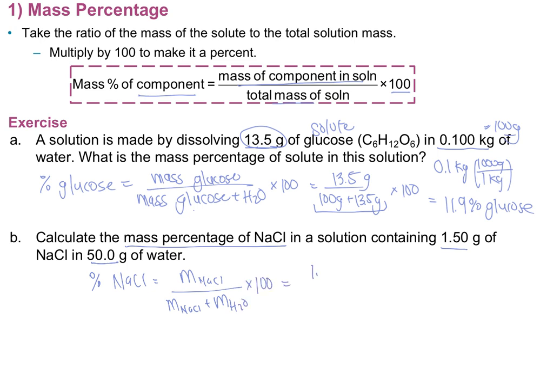So we're going to do 1.5 grams of sodium chloride divided by 1.5 grams of sodium chloride plus 50 grams of water, times 100. The denominator is going to be 51.5. So we'll do 1.5 divided by 51.5 times 100, and we get 2.9% sodium chloride.